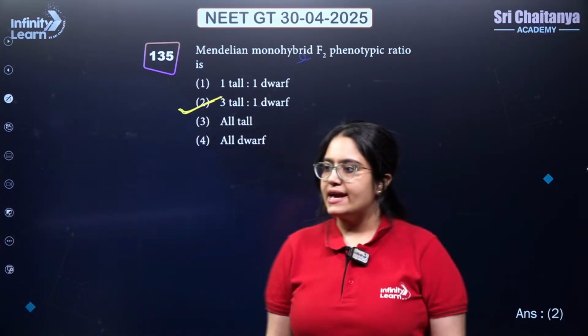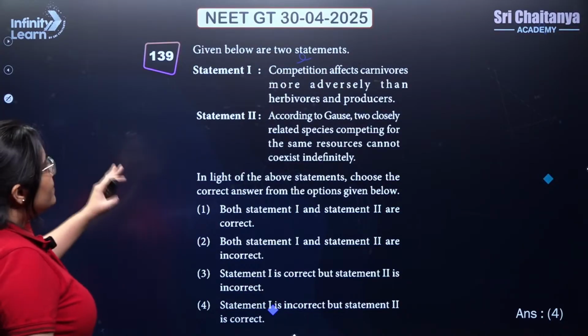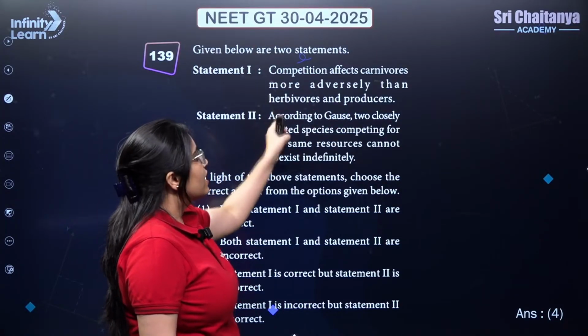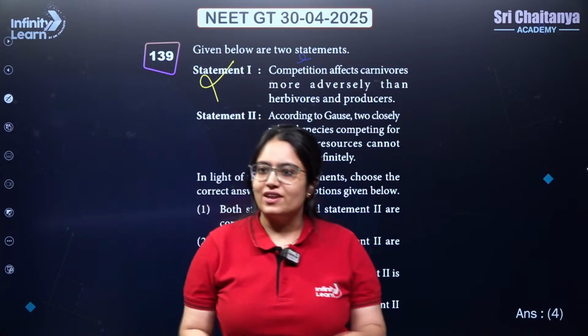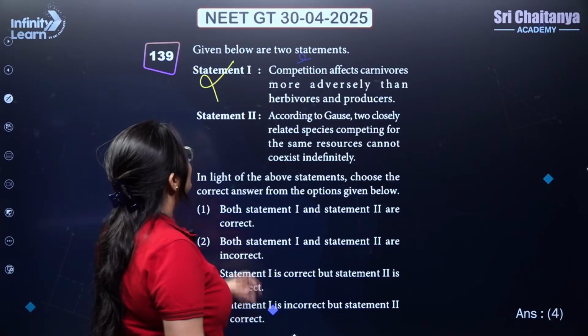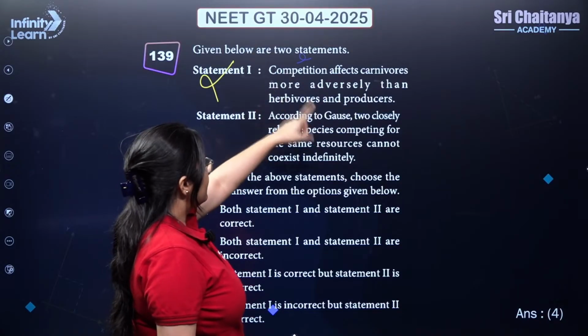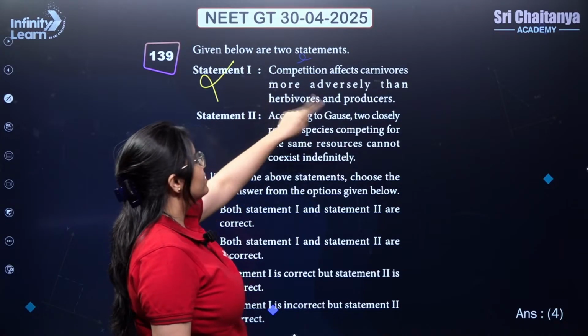Clear? Yes. Next. Statement 1: Competition affects carnivores more adversely than herbivores and producers. This is wrong. You must know this very well, okay? This has been repeated again and again. Competition affects herbivores and producers more adversely than carnivores.